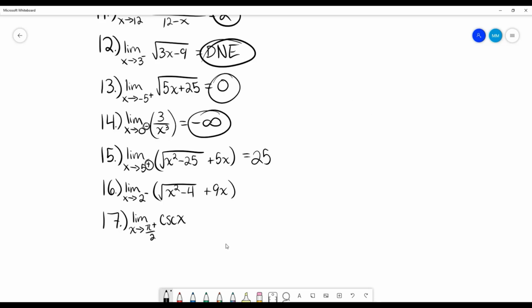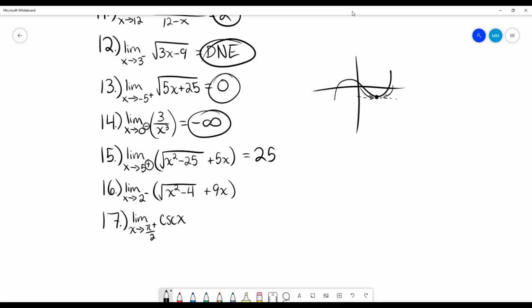So our limit in this case is 25 from the right, obviously. If we were looking at the overall limit, it does not exist, because in order for a limit to exist, the limits from the left and the right have to be equal. So if I have, say, this function, and I'm looking for the limit at this point, from the left side, it's approaching this y value, and from the right side, it's also approaching that y value.